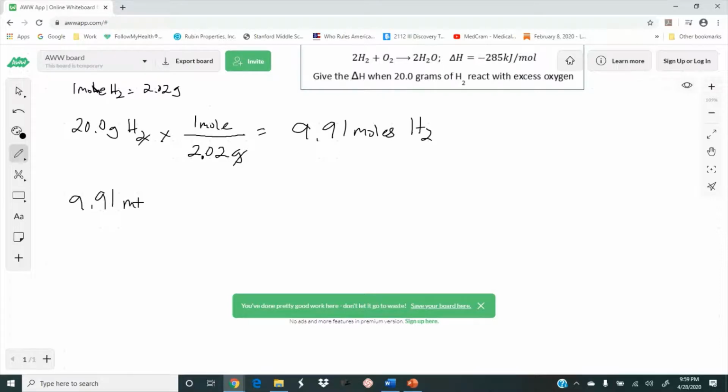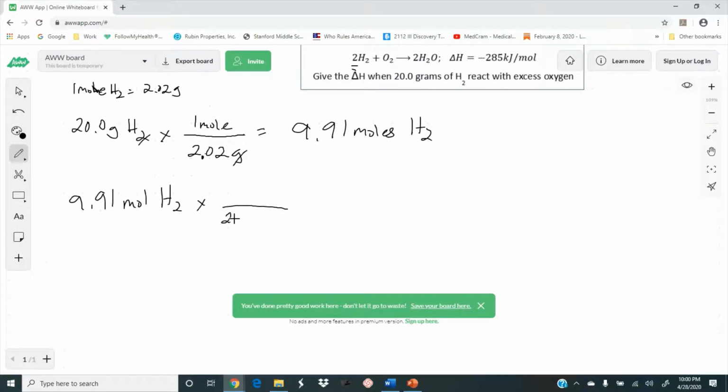9.91 moles of H2. And then I'm going to multiply that by the delta H, which is negative 285 kilojoules per mole, and the coefficient of H2 is a 2. That means that this reaction gives off 285 kilojoules for every 2 moles of hydrogen. So I can write this down.